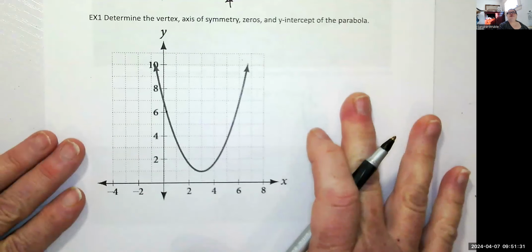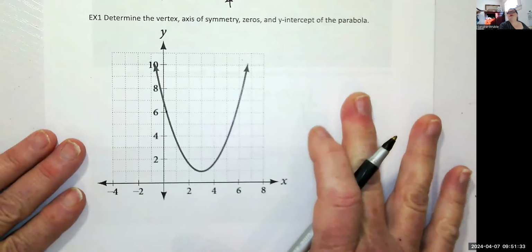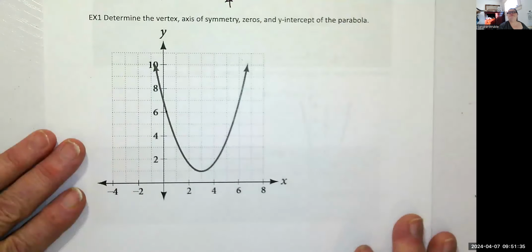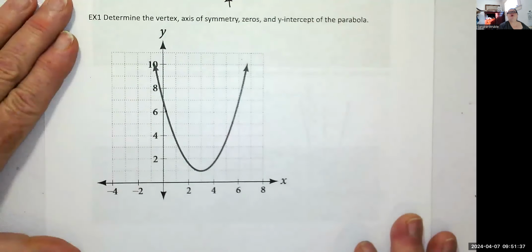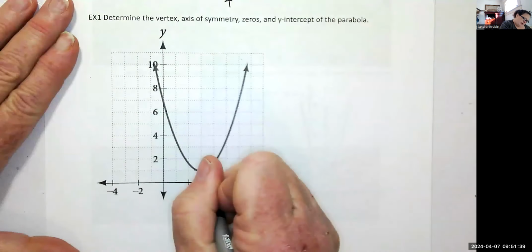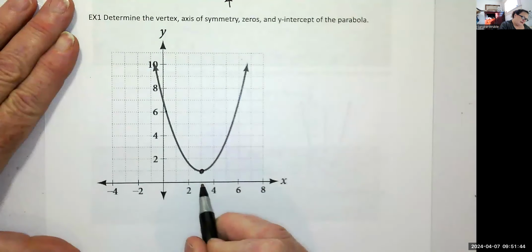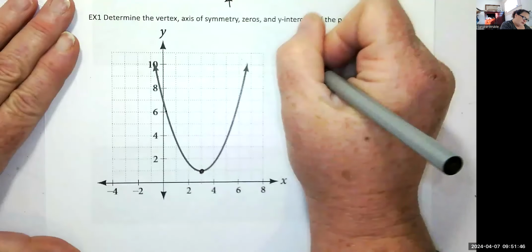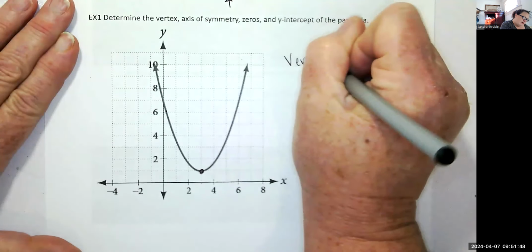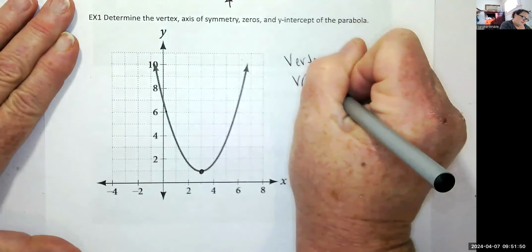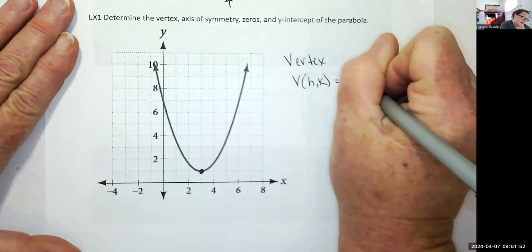All right. Determine the vertex, axis of symmetry, zeros, and y-intercept of the parabola. So the vertex is right here. It's the lowest point, and it is (3, 1). So the vertex is (h, k), and in this case, it is (3, 1).